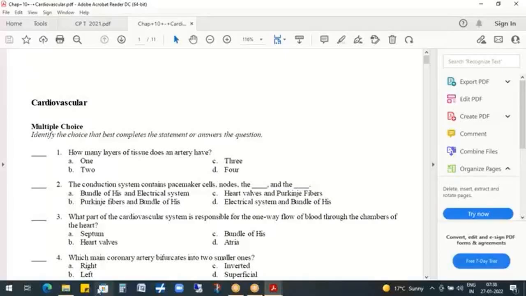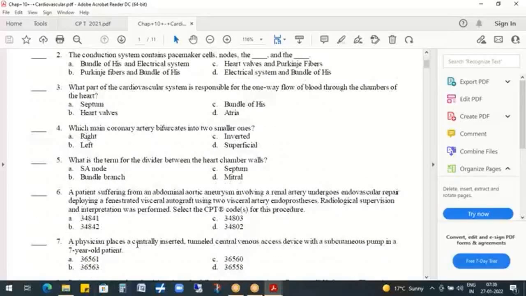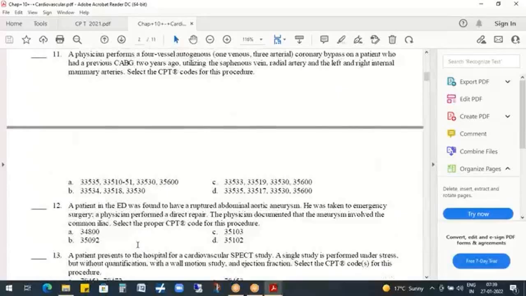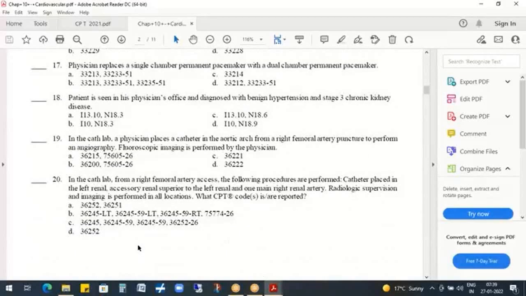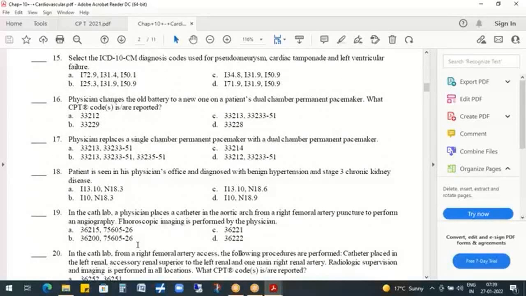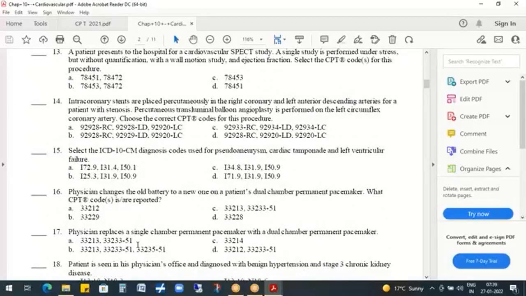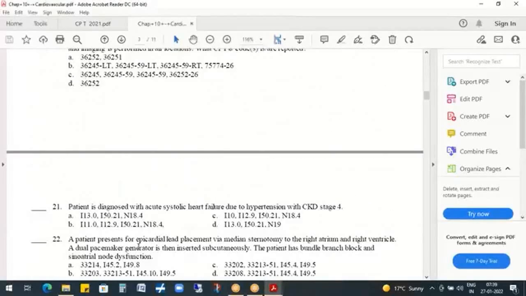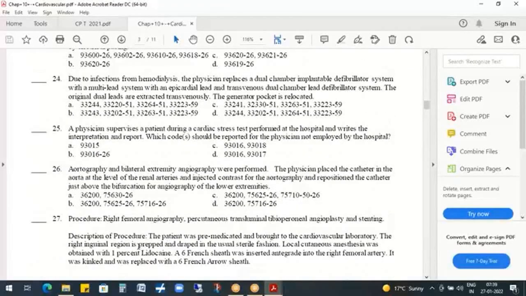Okay. Next one. Radiological guidance. Good.